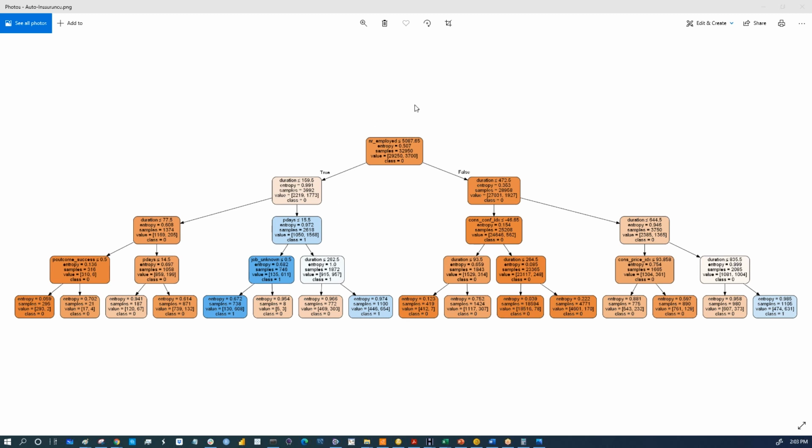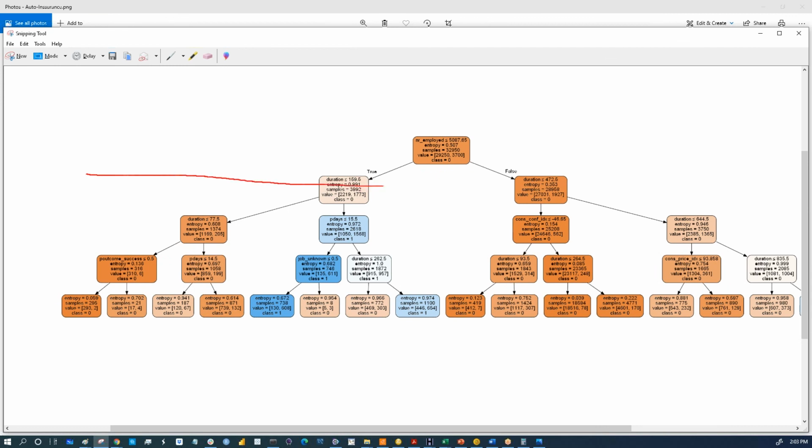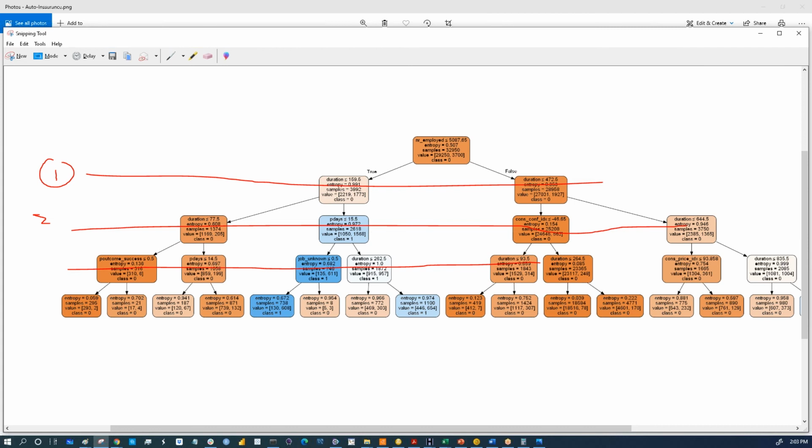So in other words, now we start with number employed, then the duration, then we split again on duration, we split again on duration, and we got the probability of zeros and 1. So we got one split, a second split, third split. Actually, this is one split.